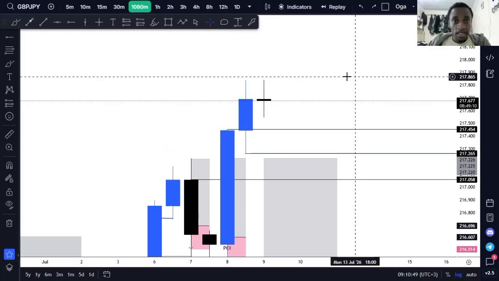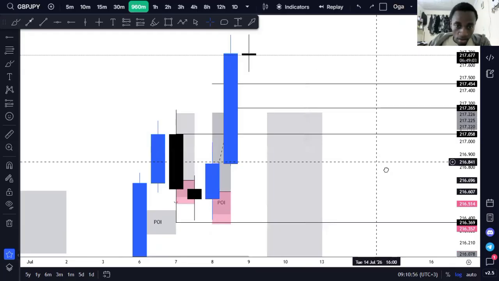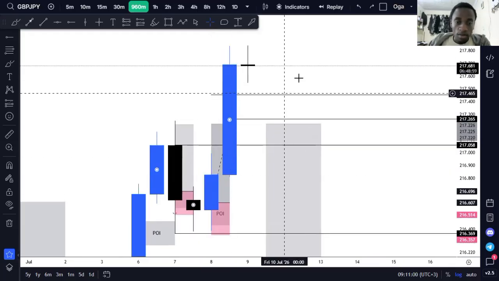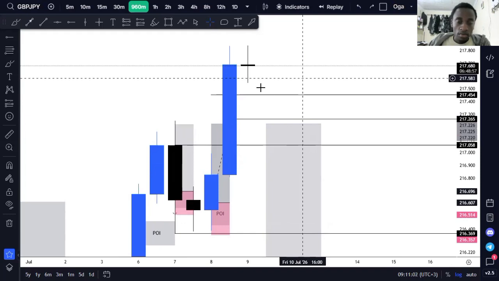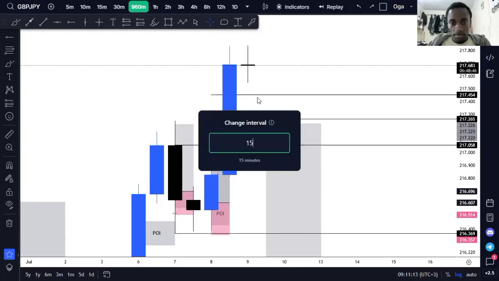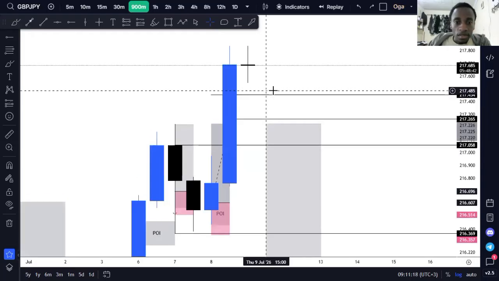Okay, on 18 hours, looking at 16 hours, it broke with 2 bullish candles. You can see the weak overlap on 18 hours is hidden when you come to 16 hours. Let's go to 15, 14 as we proceed.